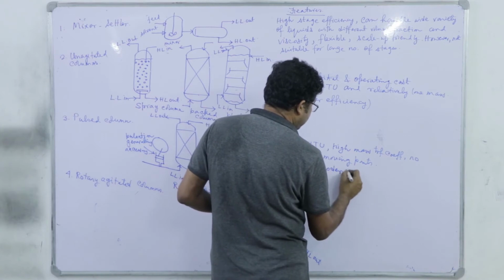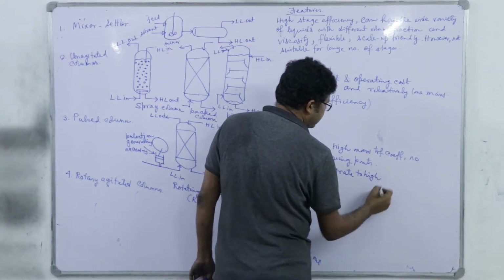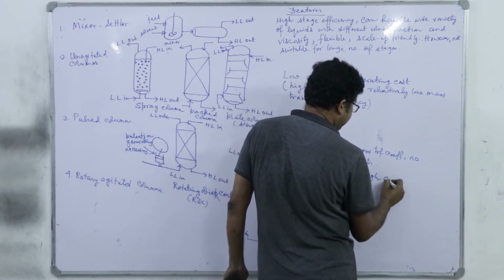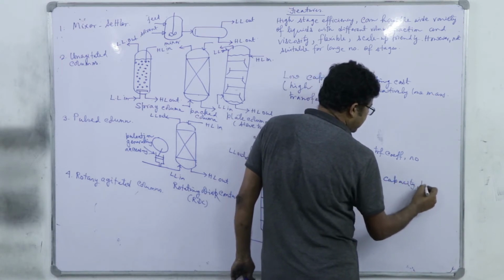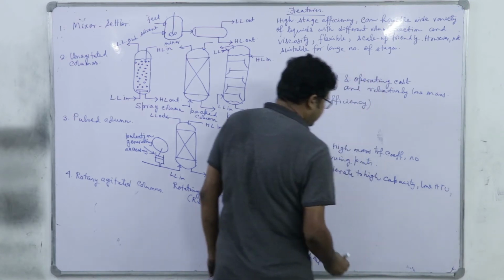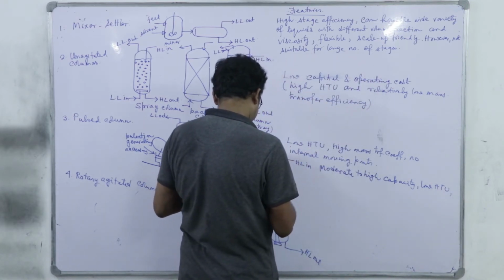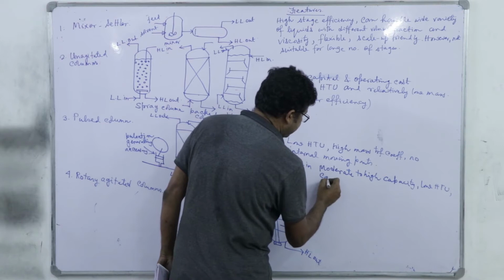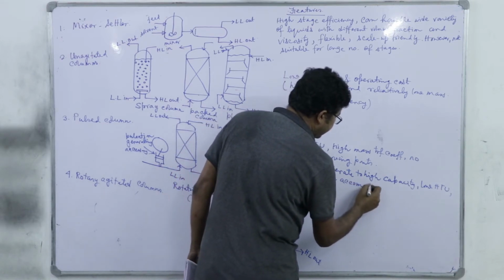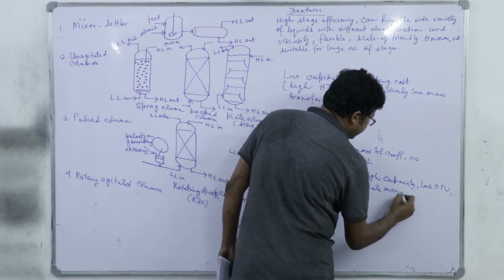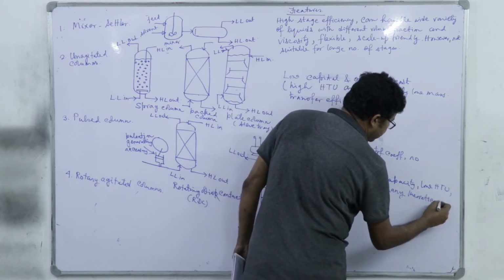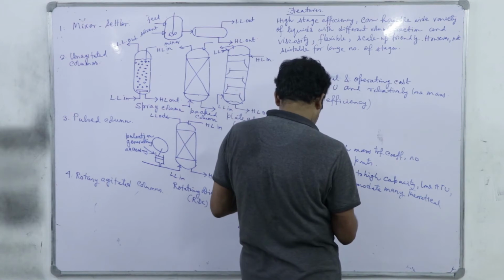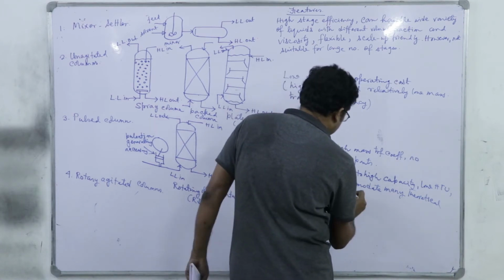So, moderate to high efficiency, moderate to high capacity rather, low HTU and can accommodate many theoretical stages and low cost of operation.